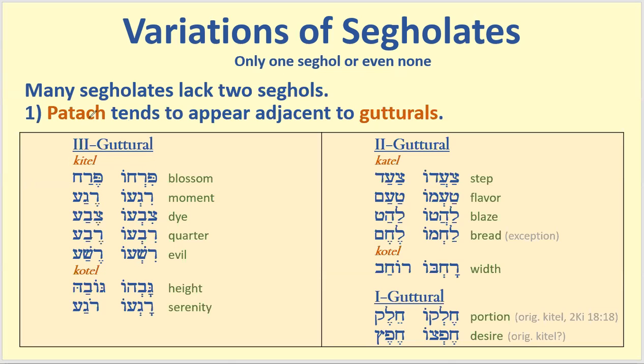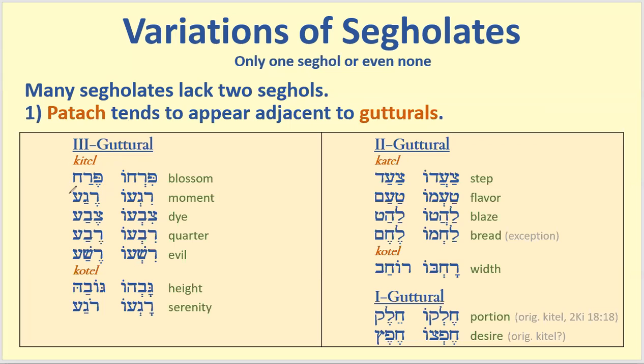Okay, so here we're looking at some segolates where one or both of the segols is missing because of gutturals. Here we get the word perach, which is a blossom or a flower, and instead of being pereach, the chet at the end causes the second segol to prefer a patach sound, perach.